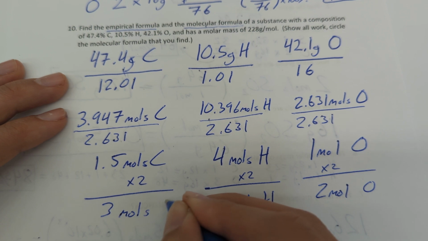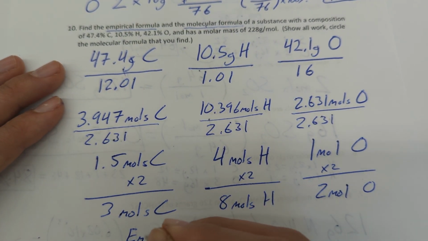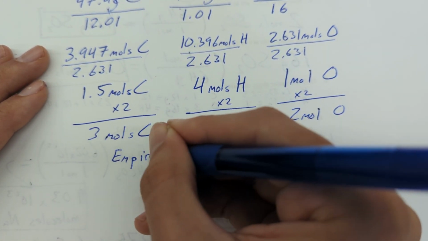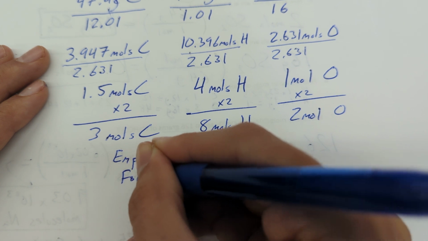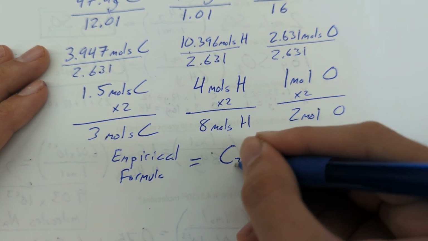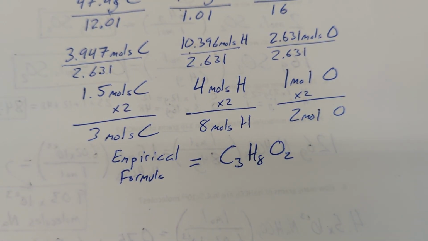So 3 moles of carbon. So our empirical formula, after all that work, is C3H8O2. All right. We should feel good about that.